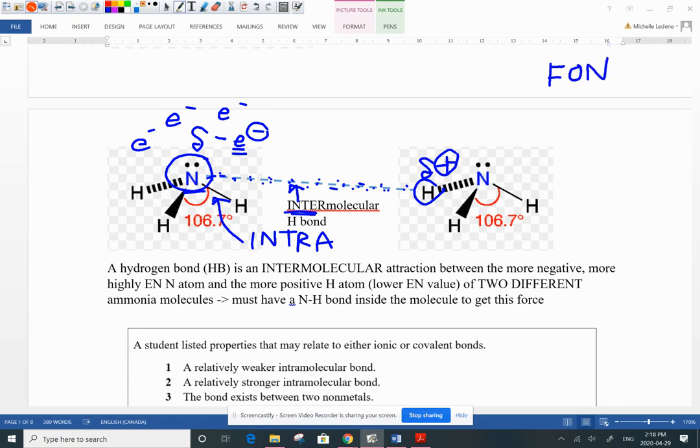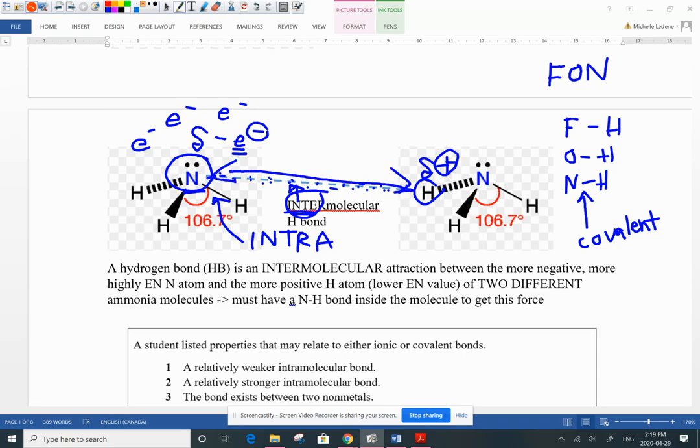That means they have to have a covalently bonded F to H, or O to H, or N to H. But this is the covalent bond that's found within the molecule of ammonia or water or whatever. And the intermolecular force, as we see here, is between the two molecules.